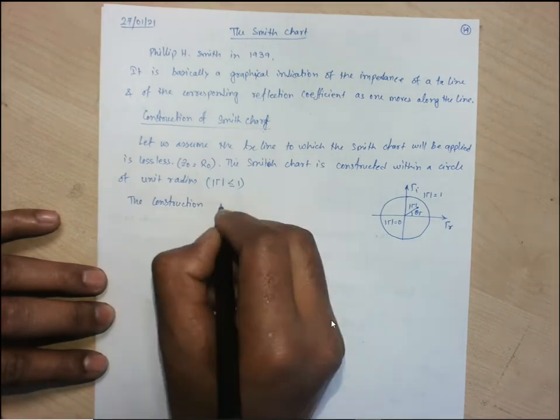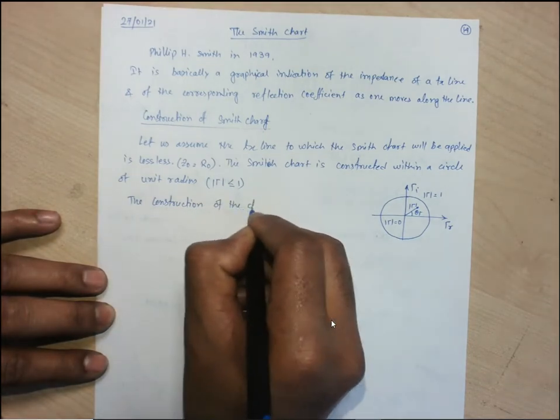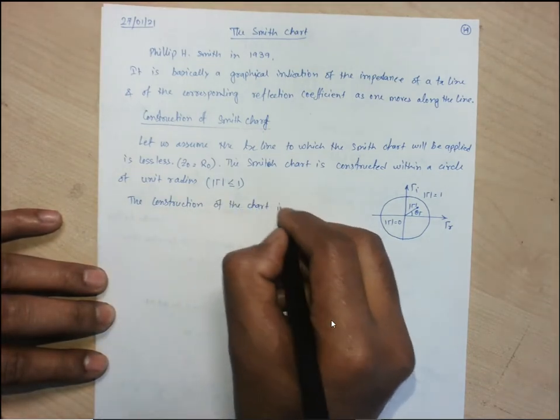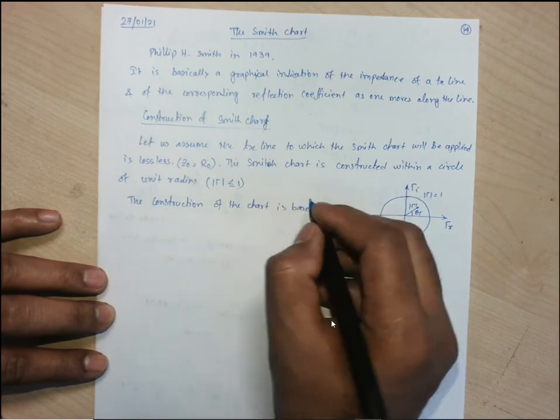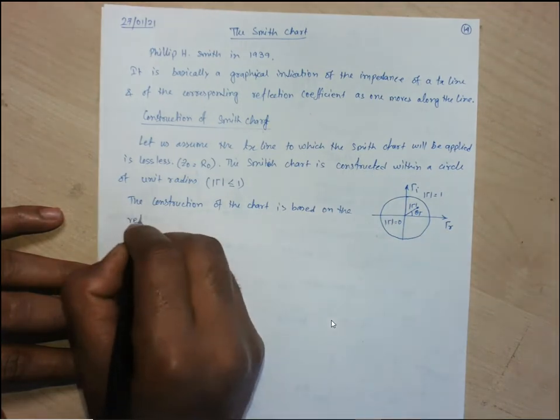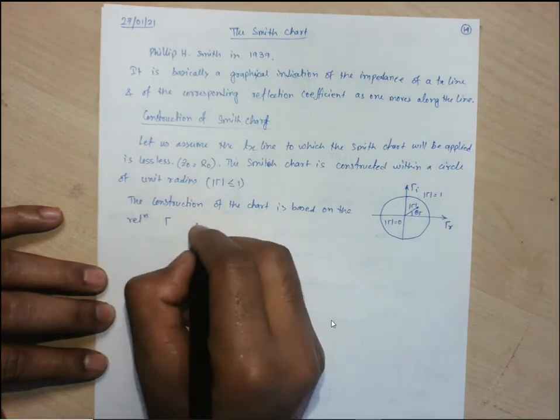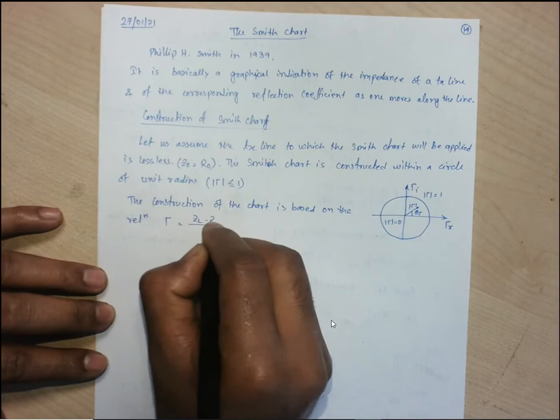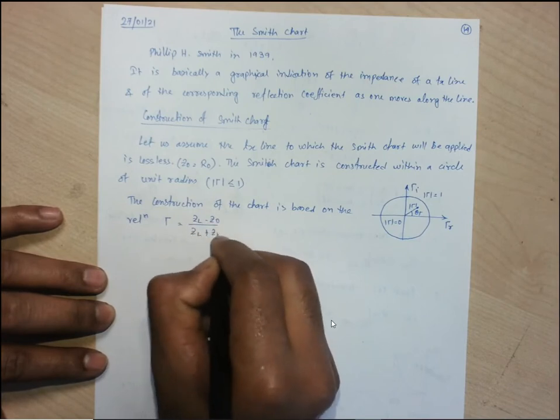The construction of the chart is based on the reflection coefficient, with the relation gamma equals ZL minus Z naught by ZL plus Z naught.